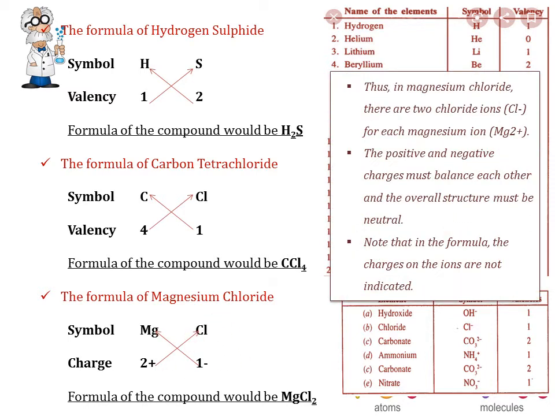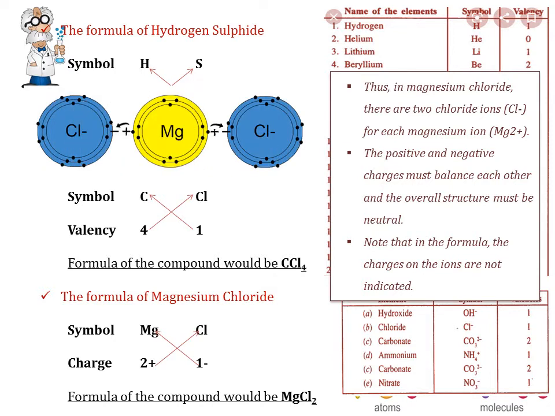Here in magnesium chloride, there are 2 chloride ions for each magnesium ion. That's why we say that magnesium chloride is an ionic compound, because the magnesium forms an ionic compound with Cl by donating its valence electrons to Cl. So here the positive and negative charges must balance each other so that the overall structure would be neutral. And even if we note the formula, we could see that the charges of the ions are not indicated. We'll study more about these valence electrons in the next chapter.